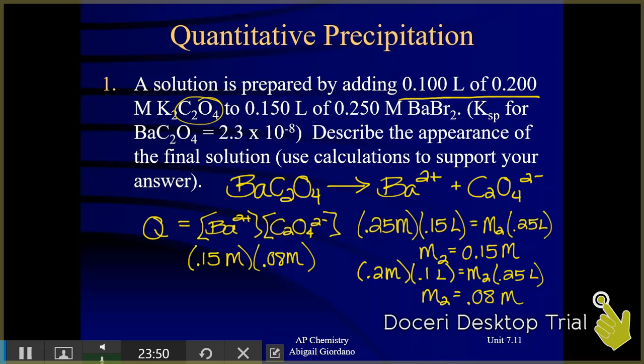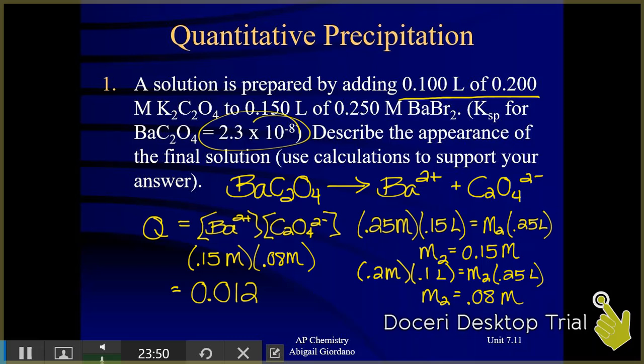Okay, so let's put this in the calculator and see what we get. So Q is equal to 0.012. And let's compare that to our KSP.